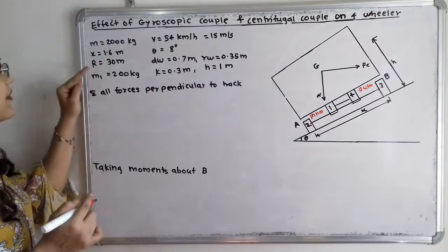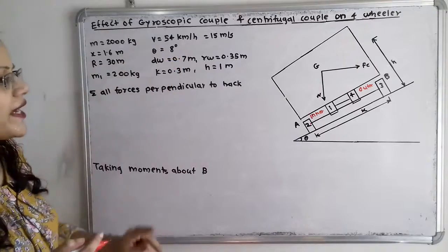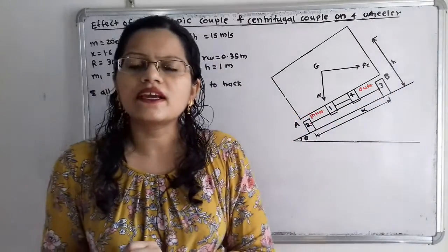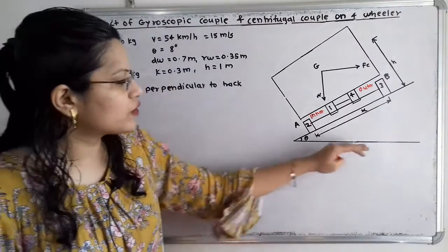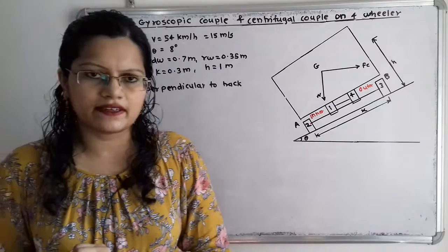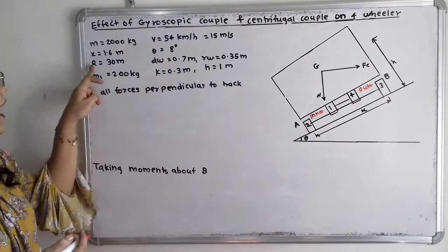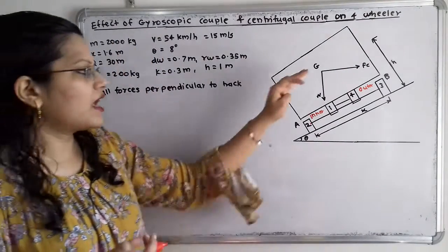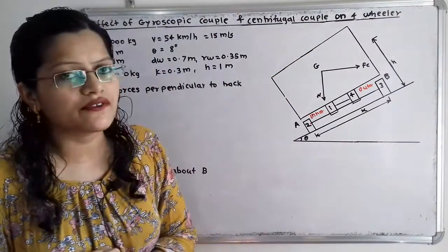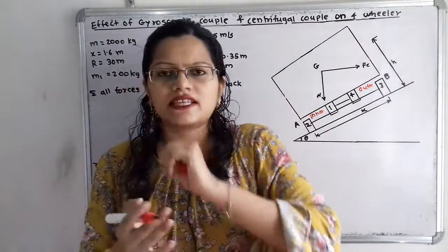Now it is given that theta is equal to 8 degrees. So the track on which this wheel is moving is inclined with the horizontal at an angle theta, equal to 8 degrees. Then r is equal to 30 meter. Now while this vehicle is moving with constant velocity v, it is turning.